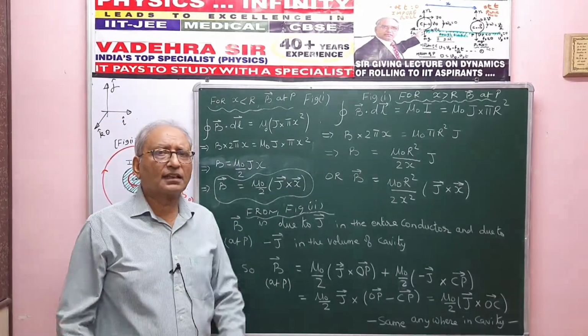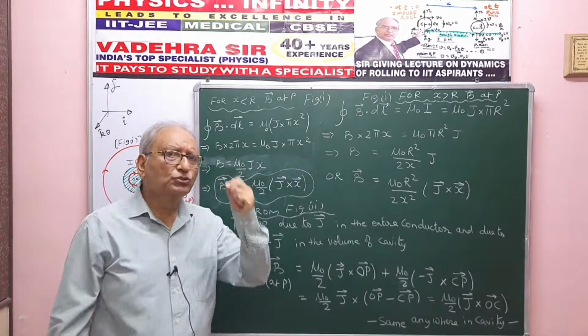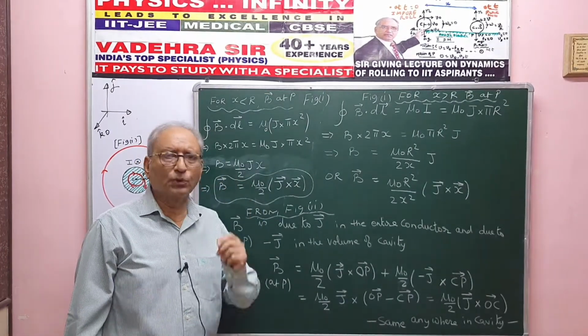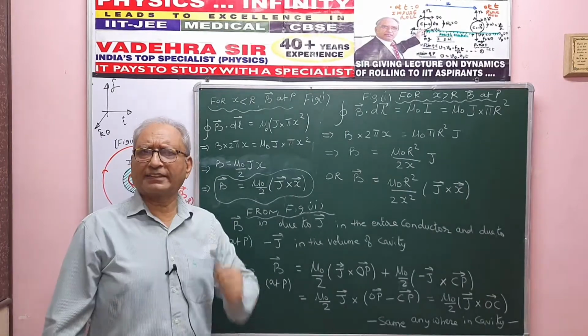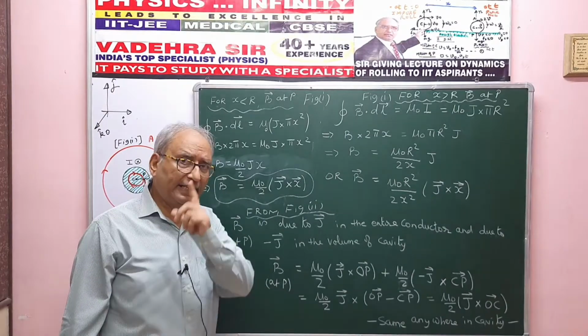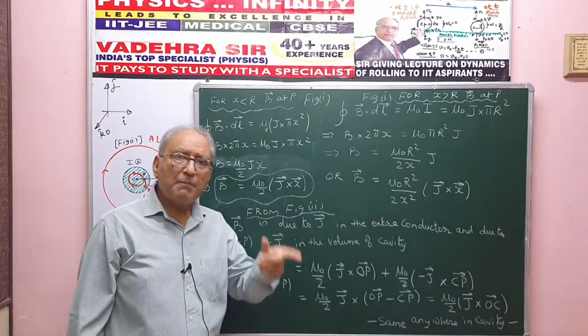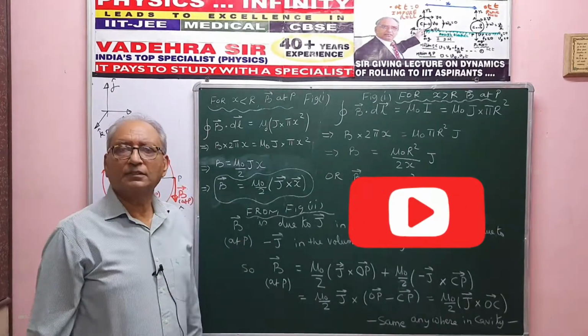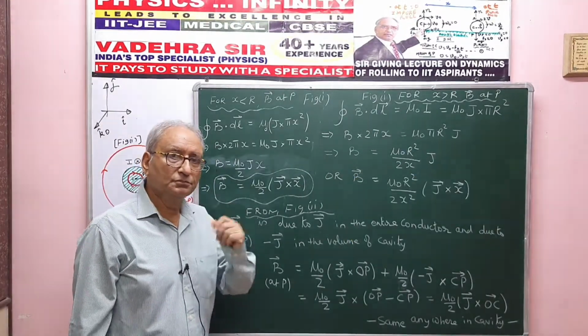We normally take the Ampere's loop rule not in vector form. But now I am going to first consolidate your concept by making the Amperian loop rule in vector form, and then we'll solve this cavity problem.